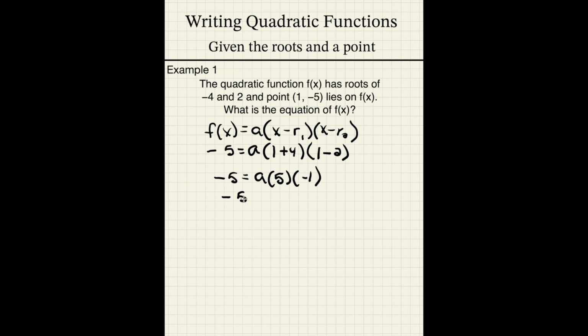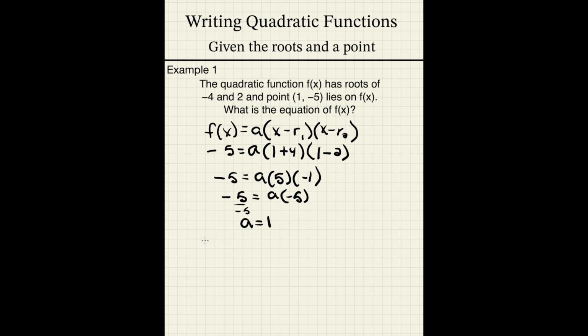So -5 equals a times -5. So now when we want to get rid of this -5 to isolate the variable, we are going to divide both sides by -5. -5 divided by -5 is 1. So a equals 1. All right, now that we know what a is, we can write the equation.